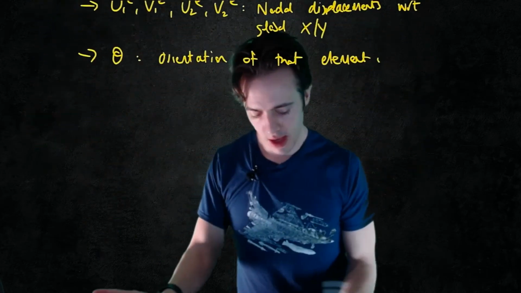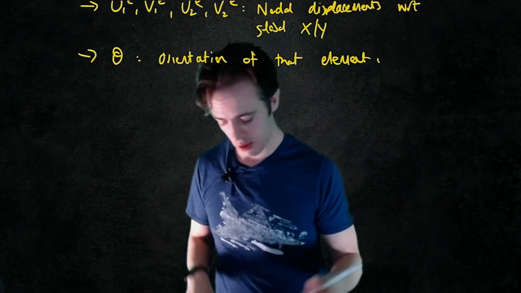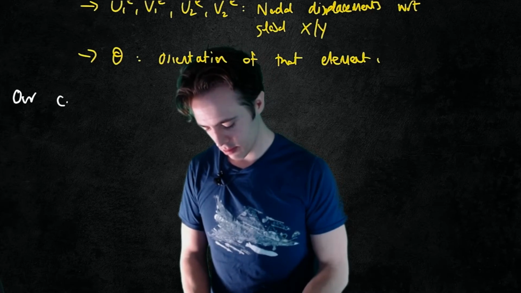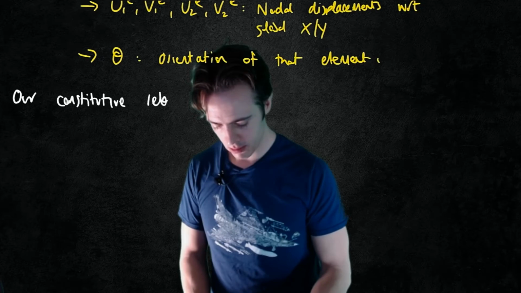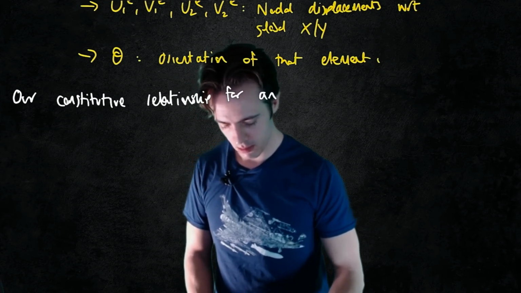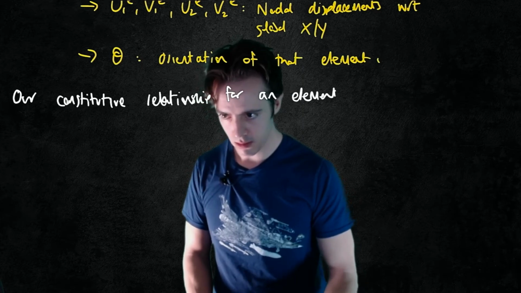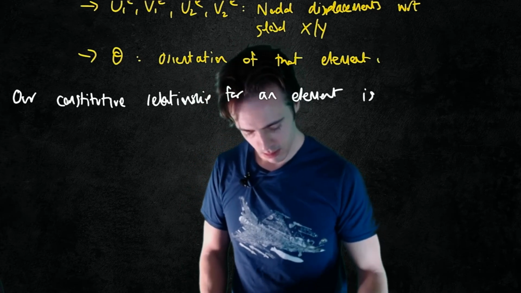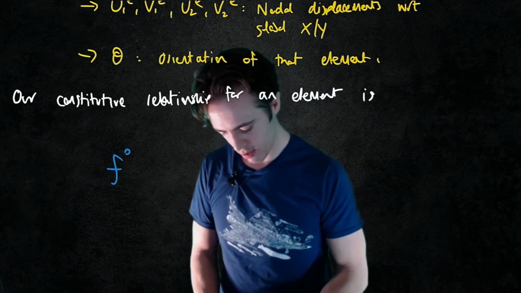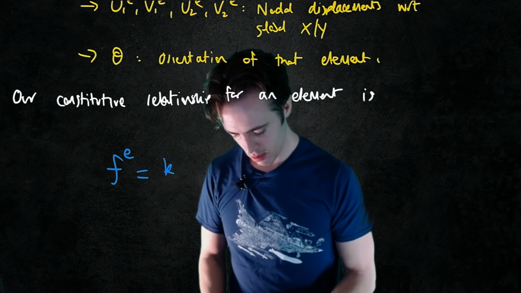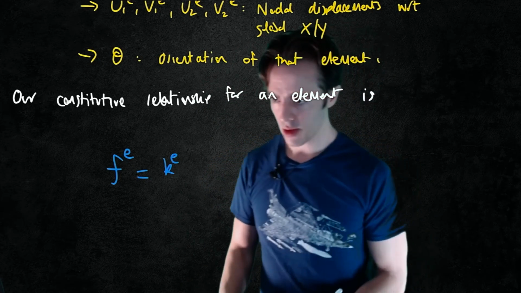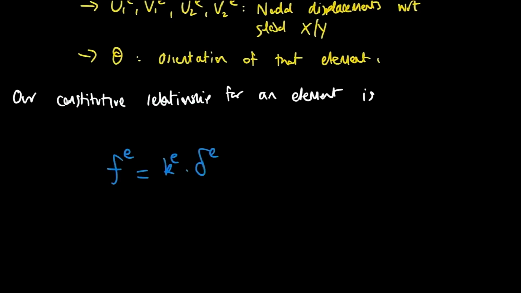Okay, so our constitutive relationship for an element using Hooke's law. The tensile force in an element is equal to the stiffness of an element multiplied by the elongation.